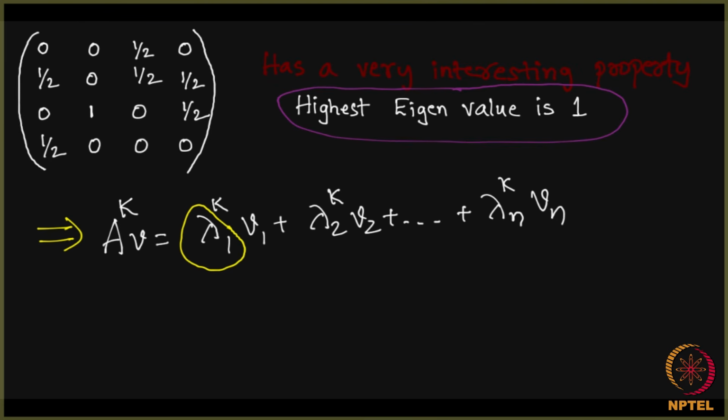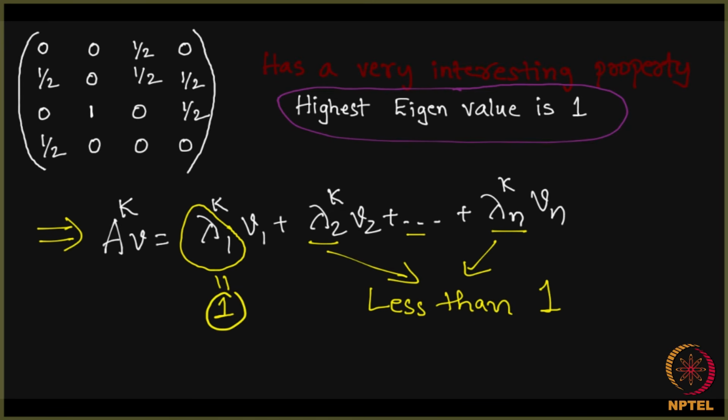Next. Lambda 1 is 1 here because that's the highest eigenvalue, as I told you. That's the property of such a matrix. And the other eigenvalues are less than this. Now what does it mean? You would have observed that 1 to the power of k will make it 1 itself, right?